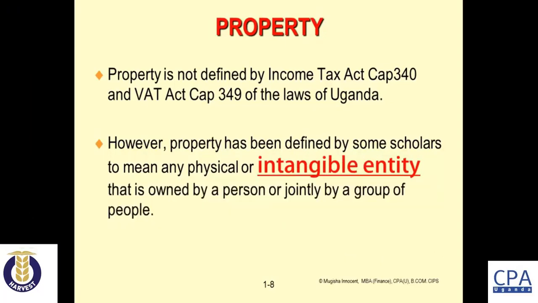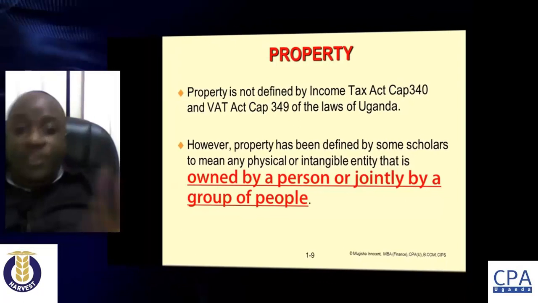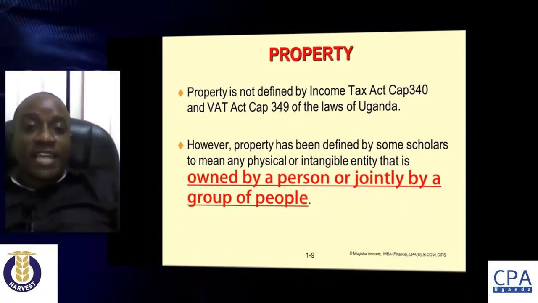You can go through this again. We are saying that property is a physical or intangible entity that is owned by a person or jointly by a group of people. So this is our very nice definition here that is going to guide us in understanding how people use these properties to derive income that in return is taxable in their hands.